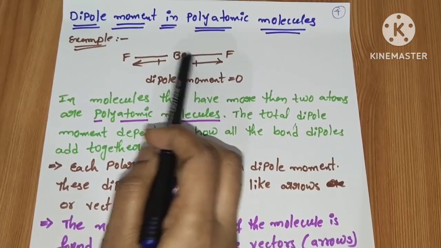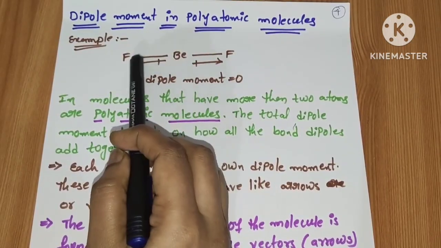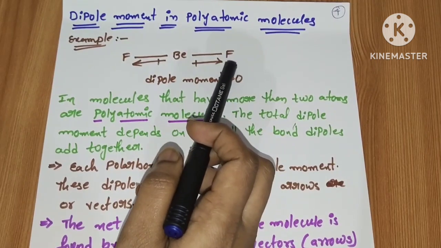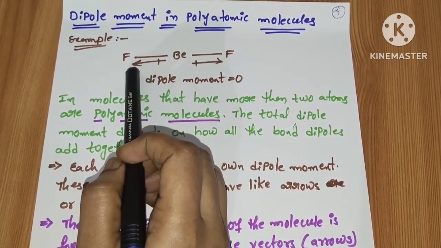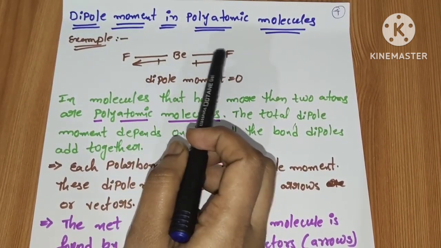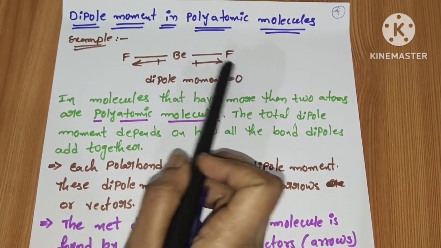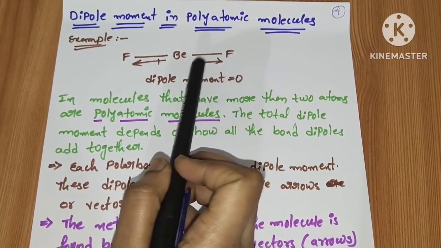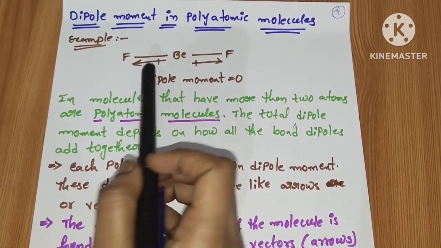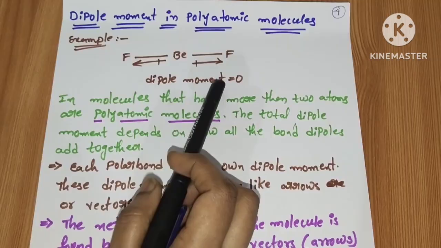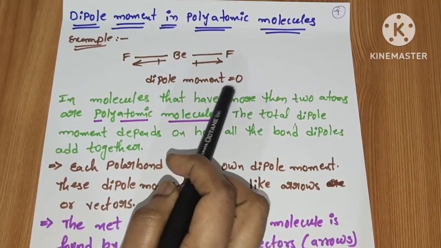So each Be-F bond has a dipole moment pointing towards the fluorine atom. Beryllium fluoride has a linear molecular geometry, causing the two equal bond dipoles to point in exactly opposite directions and completely cancel each other out, and there is no net molecular dipole moment.